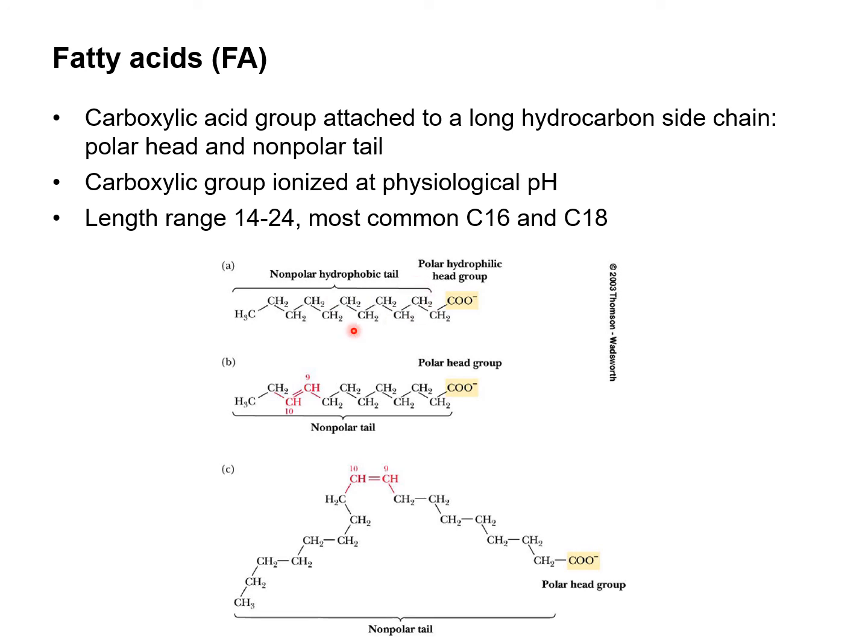Most commonly, the length is C16 and C18. Sometimes they can have double bonds in the tails, making the unsaturated form, as opposed to tails with all single bonds between the carbon atoms, which are saturated fatty acids.